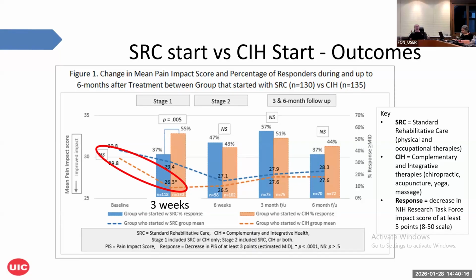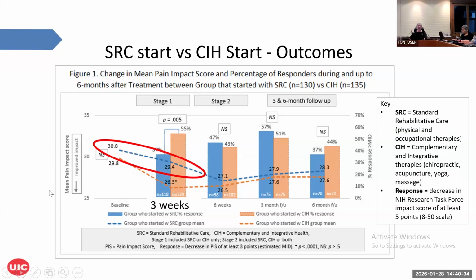And what we can see here is that the group who started with complementary and integrative health went from 29.8, so basically 30, down to 26. And those who started with PTOT went from 30 down to about the same, 29.